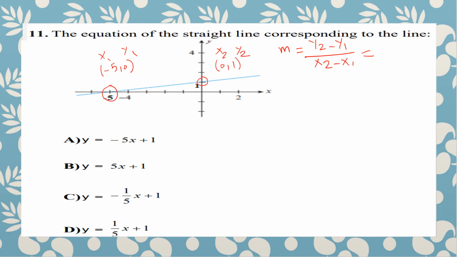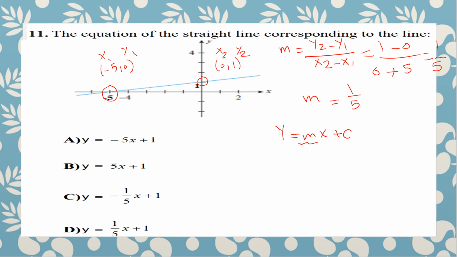So by substituting the values, 1 minus 0 over 0 plus 5, this equals 1 over 5, so m equals 1 over 5. The second step is to find the equation of the straight line, which is y equals mx plus c, and this is the slope-intercept form.